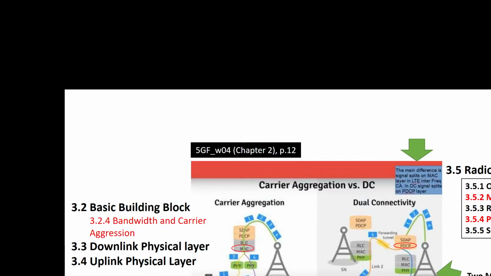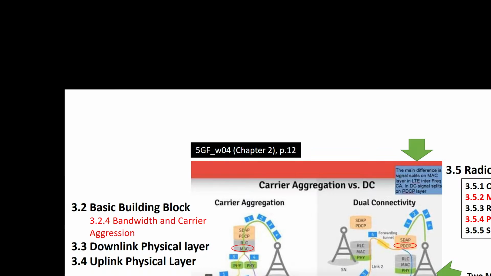I think before we have been talking about this. Remember, CA, carrier aggregation, and dual connectivity. Because we want to boost the data transmission speed, right?